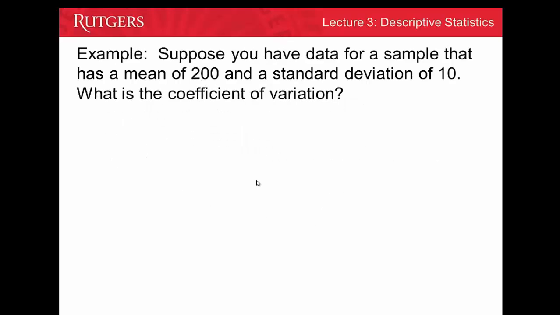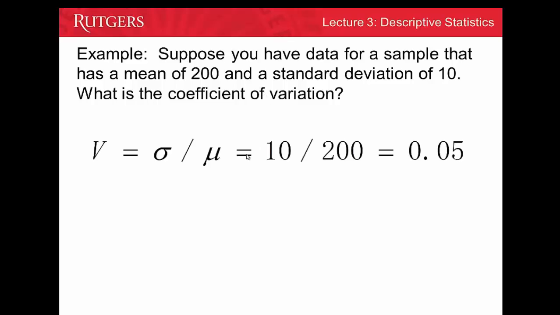This example is for you to better understand the coefficient of variation. Suppose we have a data that has a mean of 200 and a standard deviation of 10, so the coefficient of variation is just use standard deviation 10 divided by the 200, the mean.